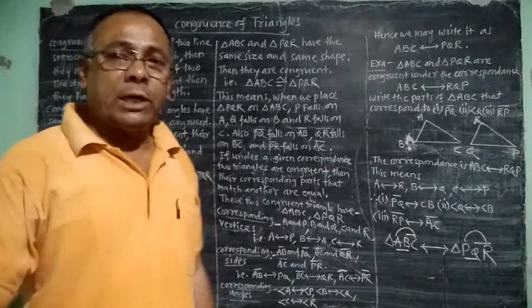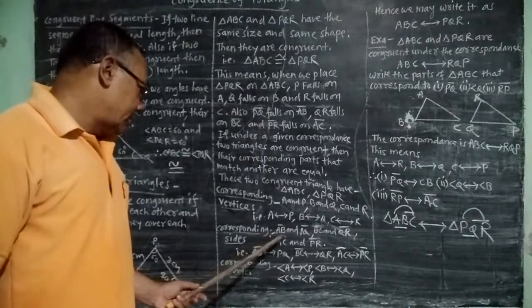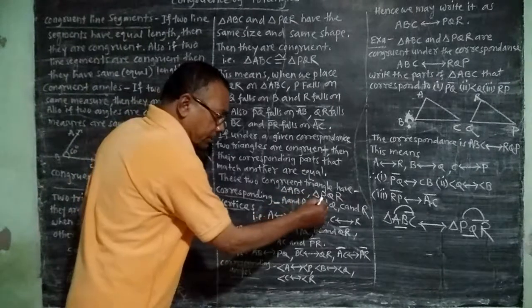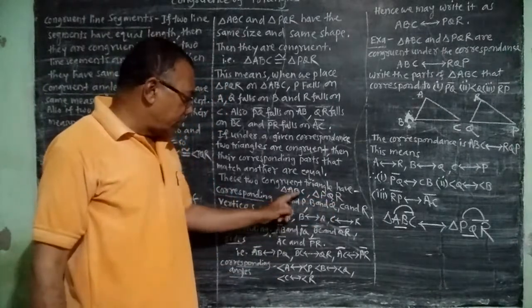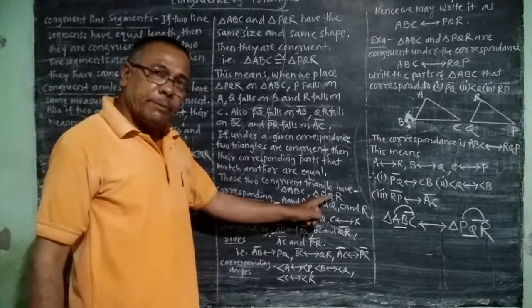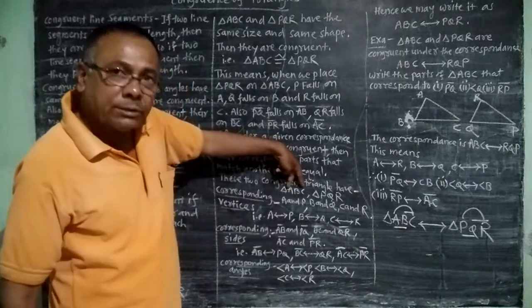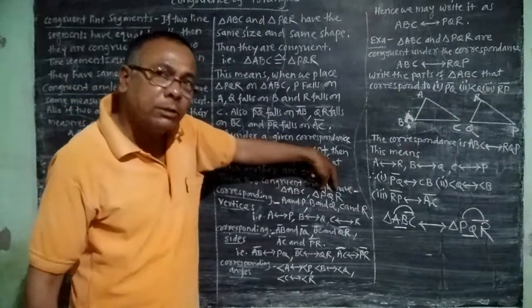Which are the corresponding sides? The corresponding sides are AB and PQ, first and second in each. Then second and third, BC and QR. Then first and third, AC and PR.